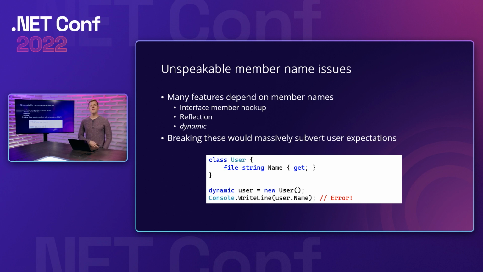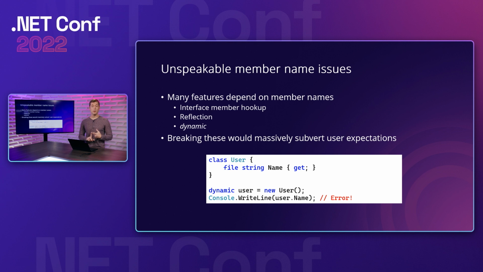Unfortunately, we found out when we dug into this that this has a number of side effects that are really unfortunate, because a lot of features out there depend on the name you emit from members matching the name that the developer wrote in code. For example, interface hookup depends on name matching.